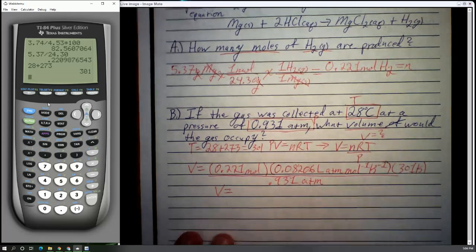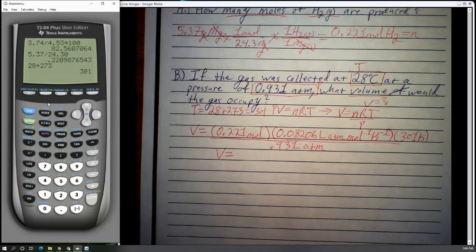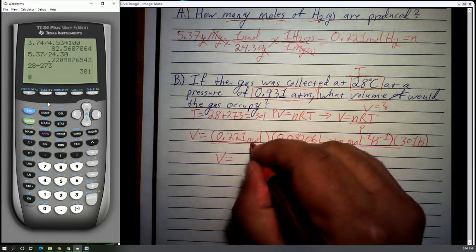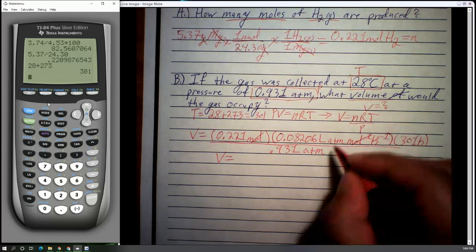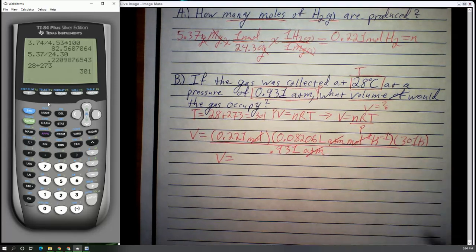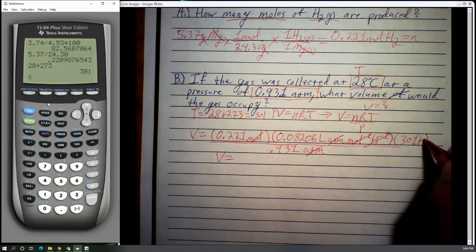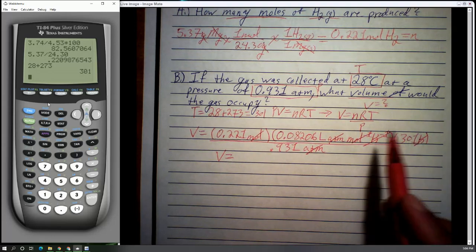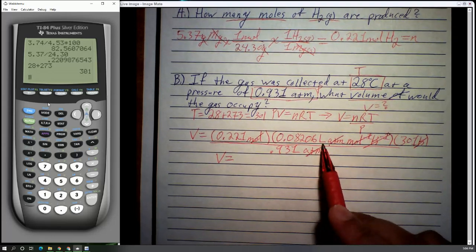Before continuing on, let's double check that everything's going to cancel. Mole and per mole are gone. Atmospheres up there and down here. Per Kelvin and Kelvin. Great. Leaving us with just liters.